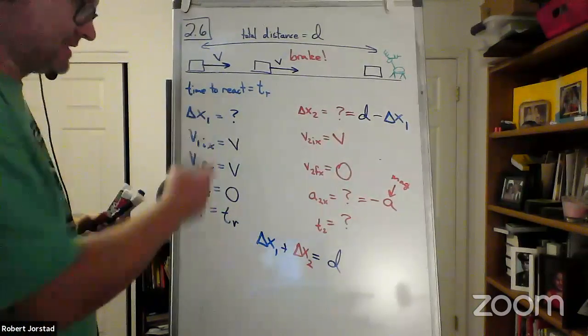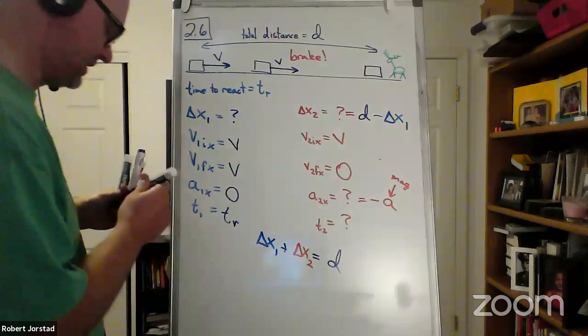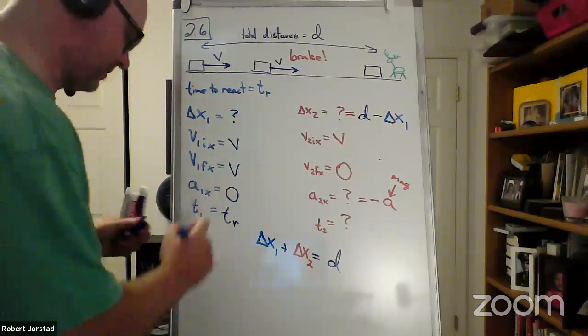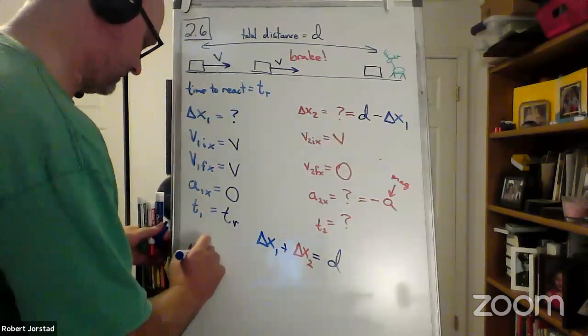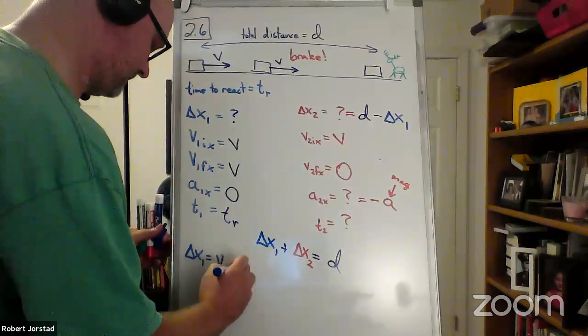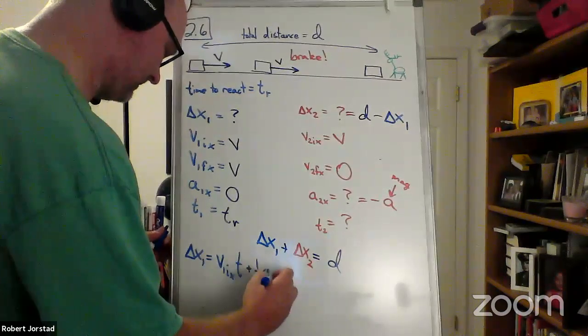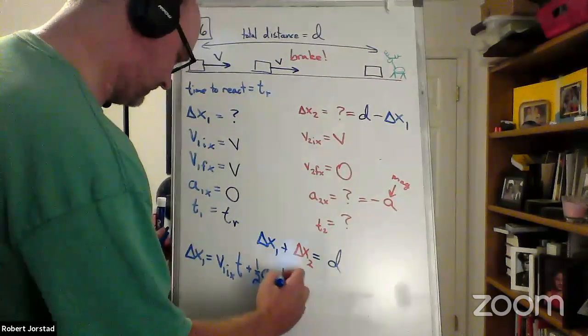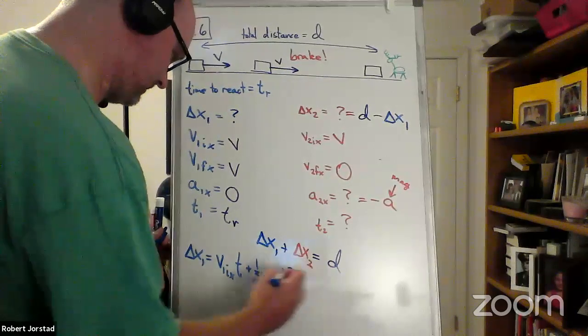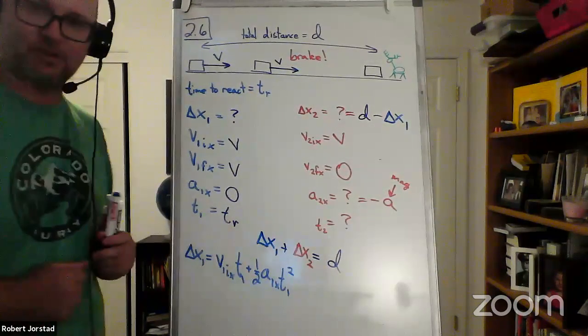So on this side, from experience, I happen to know the only equation that matters for this side is going to be this one. Where this equation, it's the delta x equation.